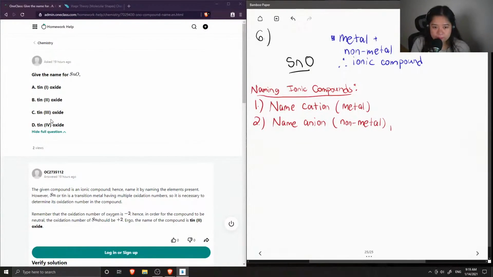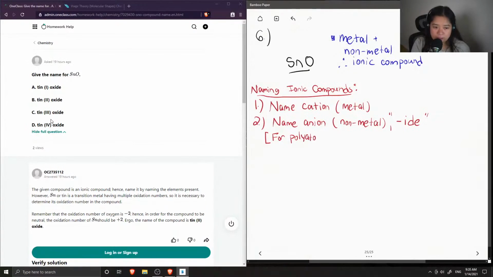And you add the suffix "ide" at the end. In the case of polyatomic anions, you would just simply name the polyatomic ion.